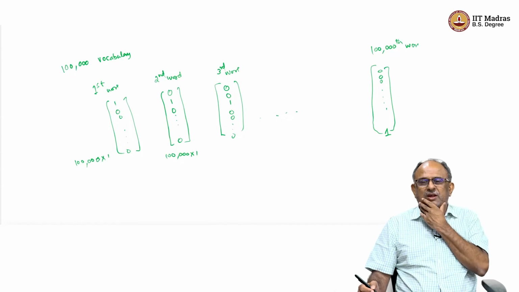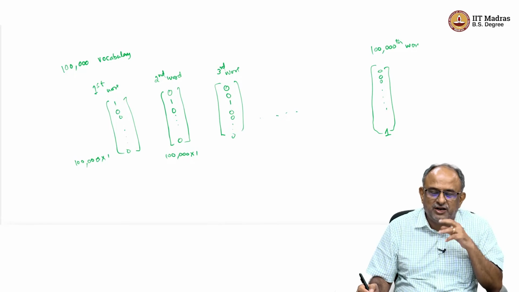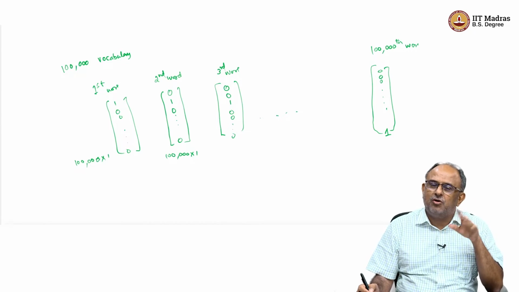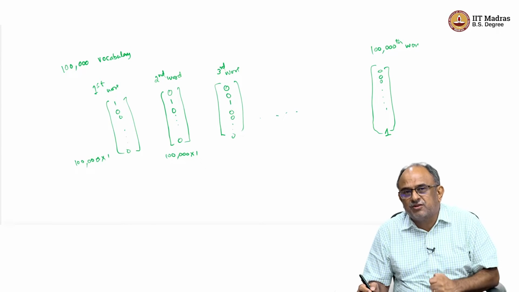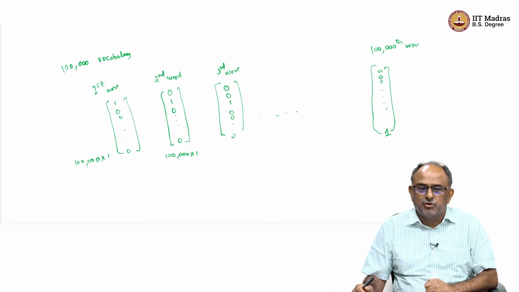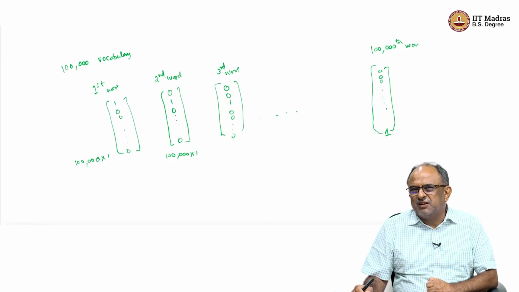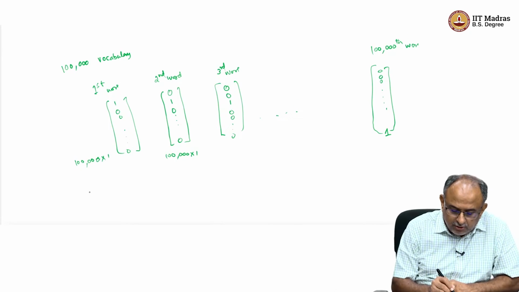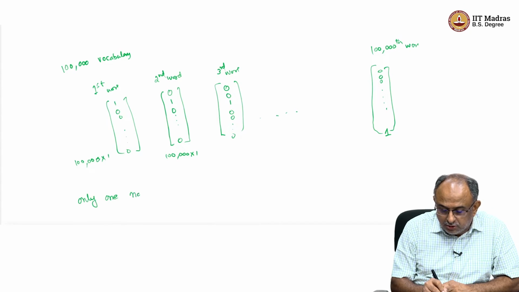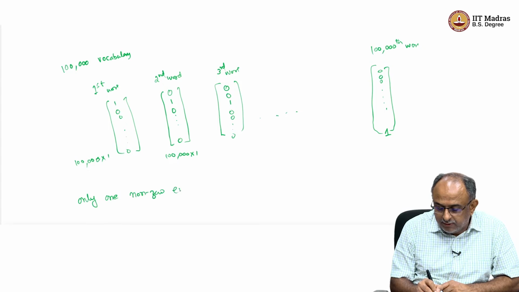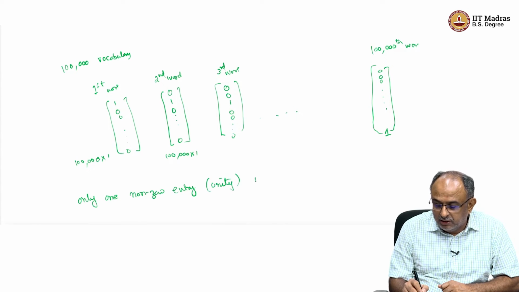But immediately you will say, hey, it looks like a lot of waste, because only one entry is non-zero and all the others are 0. So, it is a very sparse representation, and you are going to carry this in your computer and keep storing it everywhere to recognize the words. It does not seem a very efficient way of doing things. There is only one non-zero entry, which is a 1, in the 100,000 dimensional vector.